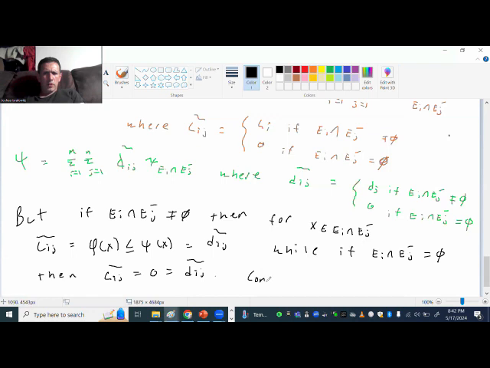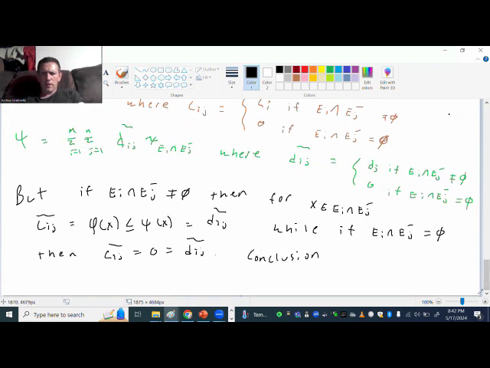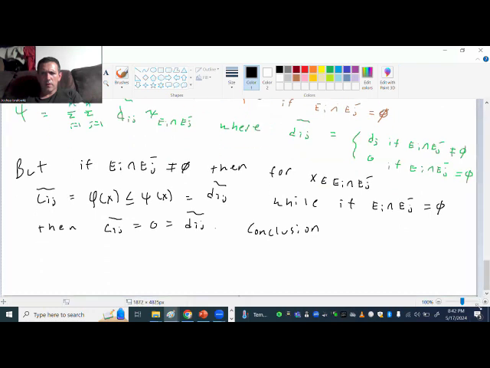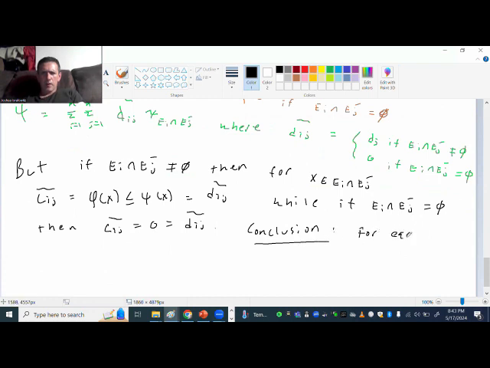So the conclusion is the following: for each i, j, c_ij tilde is less than or equal to d_ij tilde.